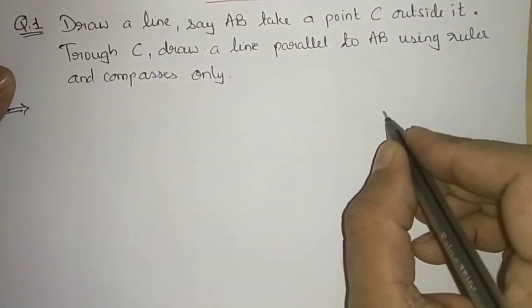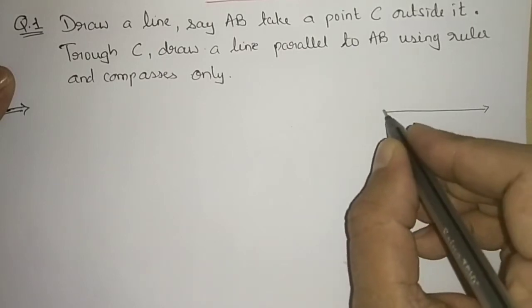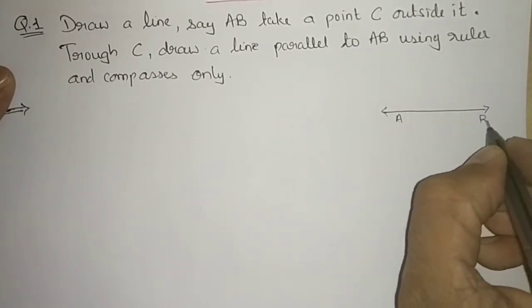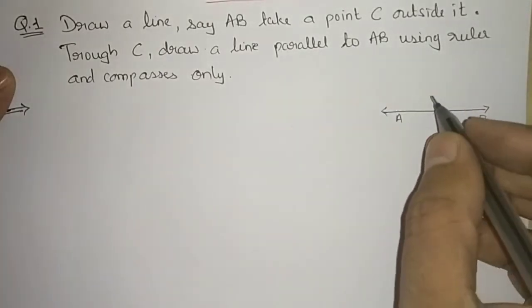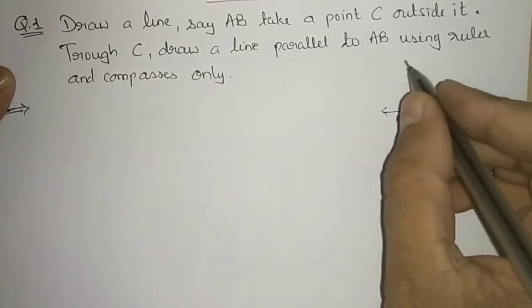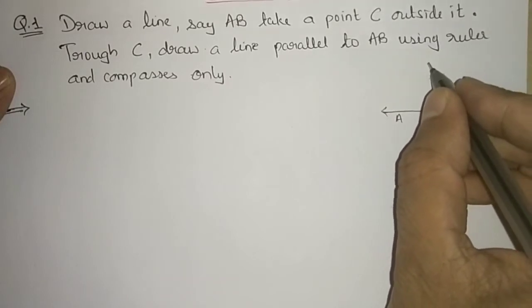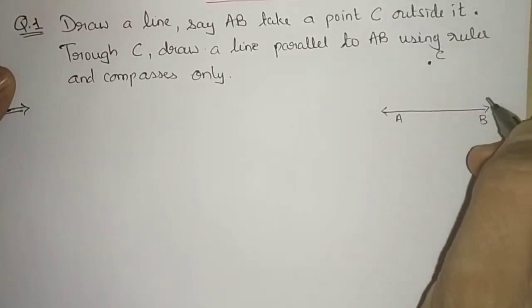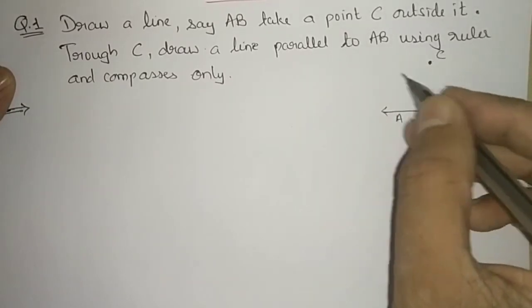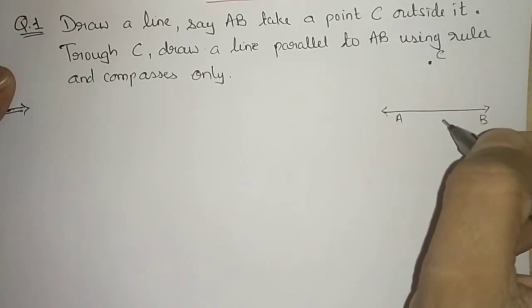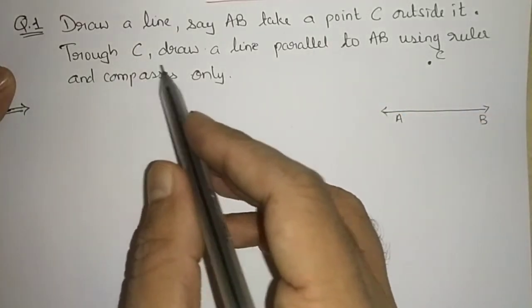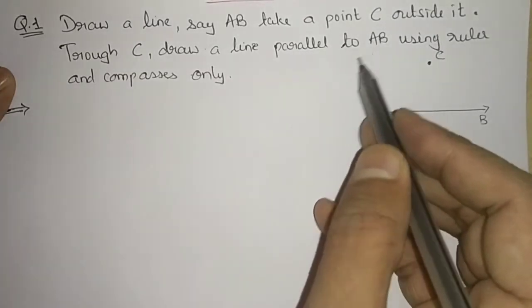The figure will be like this, line AB, and take a point C outside it. You can take anywhere, but it must be between the lines. So I am taking C here, for example. Take a point C which is outside it, not on it. Through C, draw a line parallel to AB.